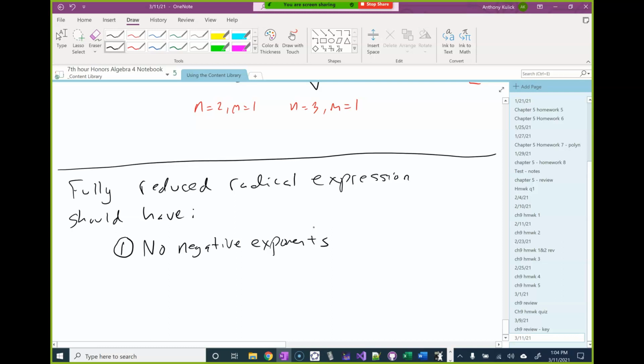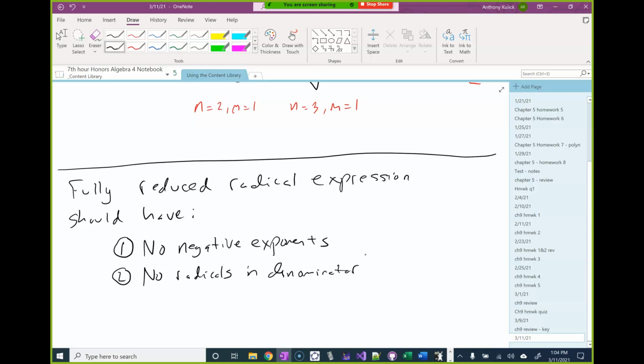Any negative exponent should be converted into a positive exponent using property number 7. We should have no radicals in the denominator.